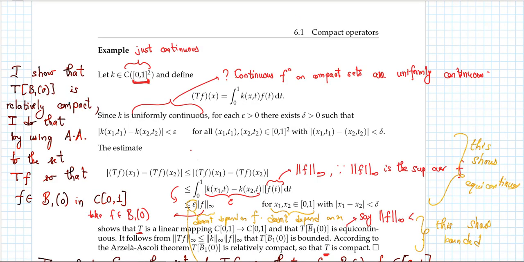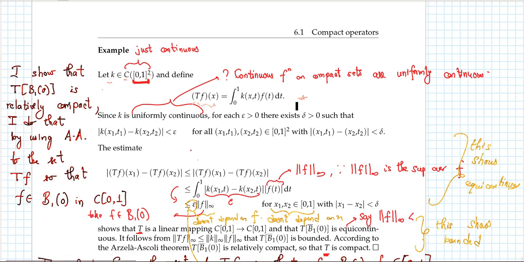Now let K be an element in C([0,1]²), which means the set of continuous functions on [0,1] square. Now I define an operator T as follows.